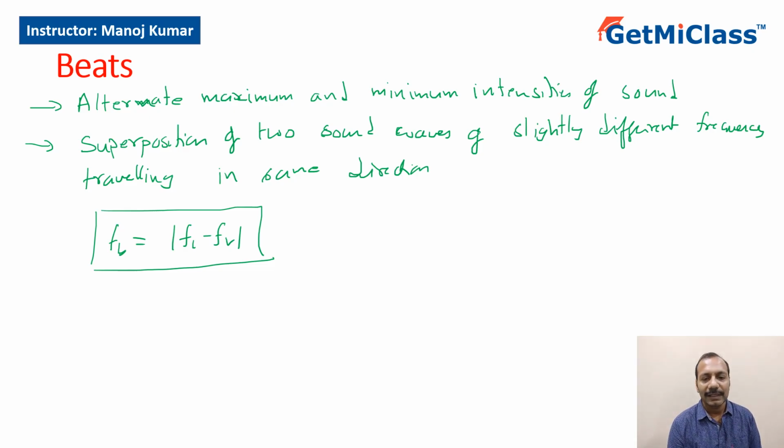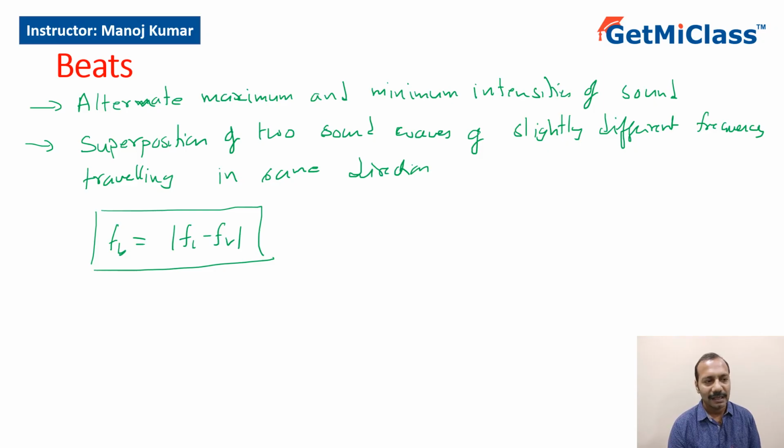Our perception is that human ears can hear two different sounds clearly only if the time gap between them is at least 1/10 of a second. So we cannot hear two different sounds if the time gap between them is less than 1/10 of a second; that will appear to be a continuous sound. So for humans to hear beats clearly, the difference in frequencies of the two waves should be less than or equal to 10.